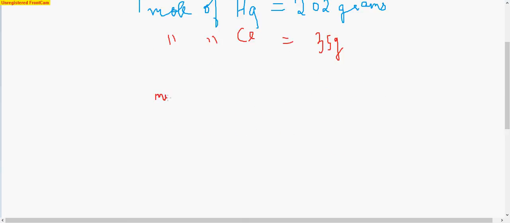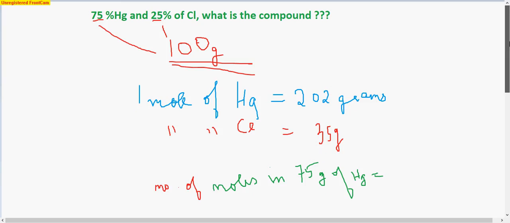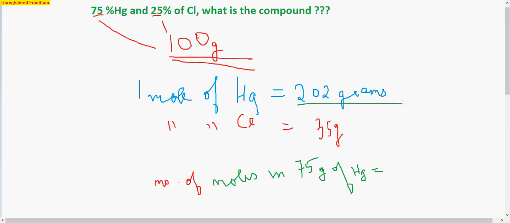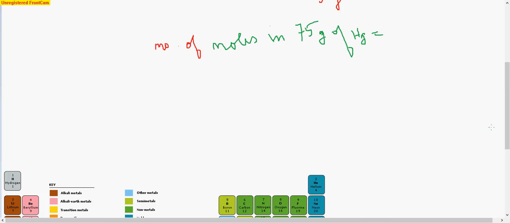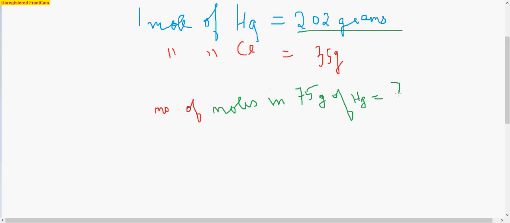The number of moles in 75 grams of Hg will be 75 divided by 202, right?